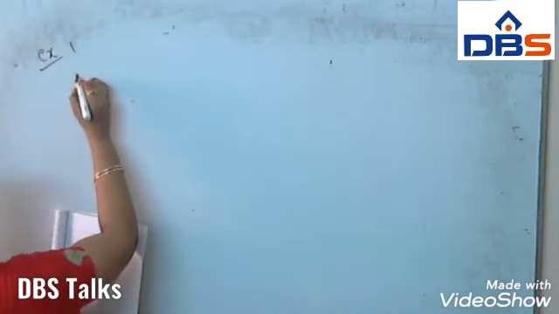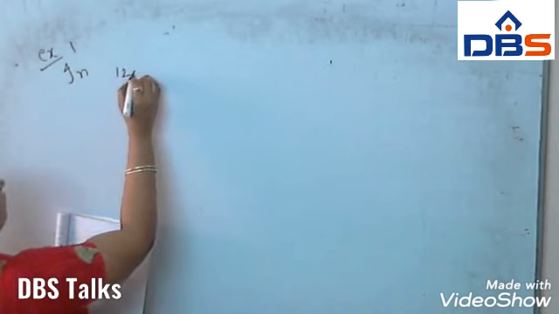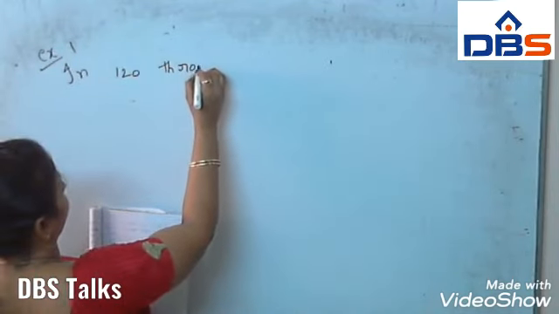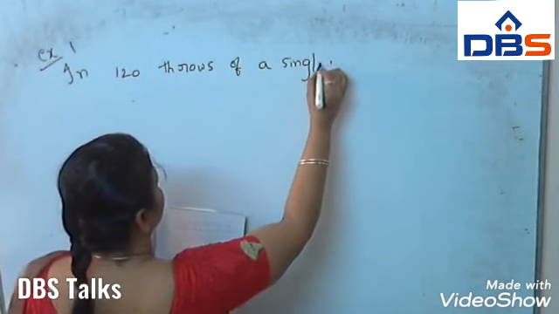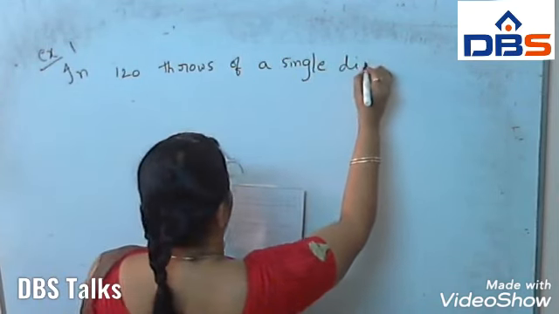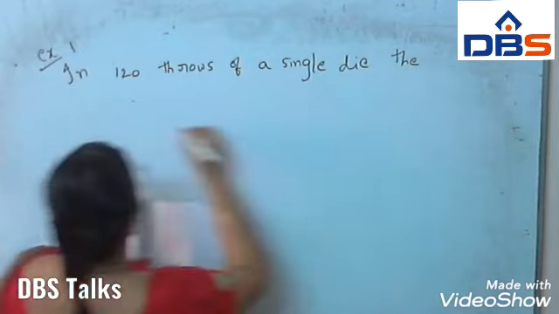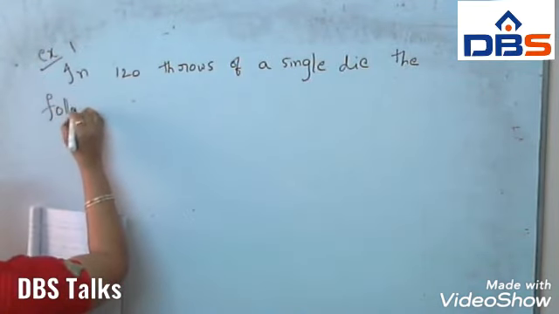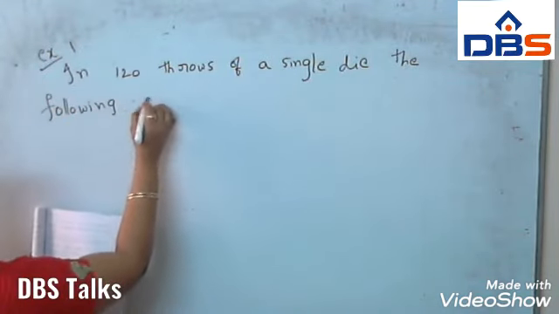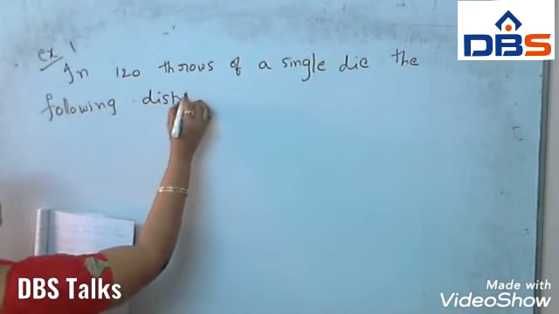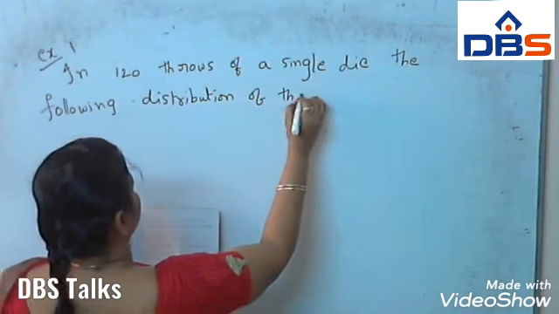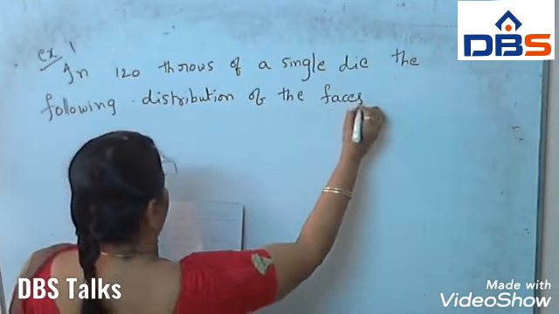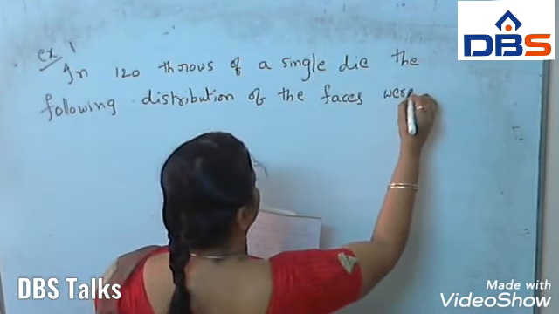First example. Example 1. In 120 throws of a single die, the following distribution of the faces was obtained.